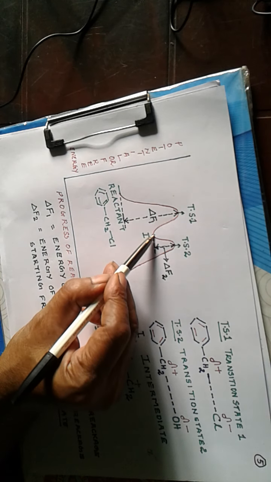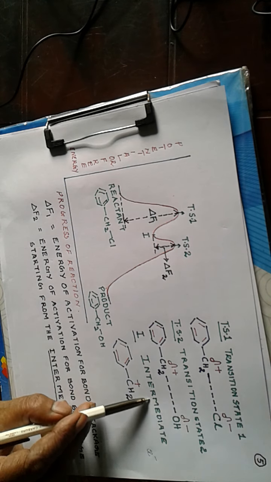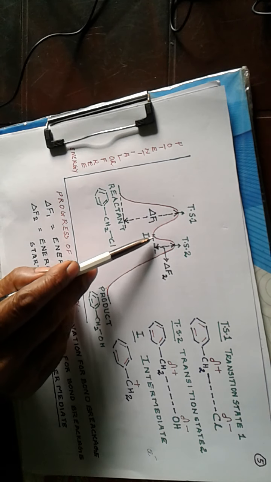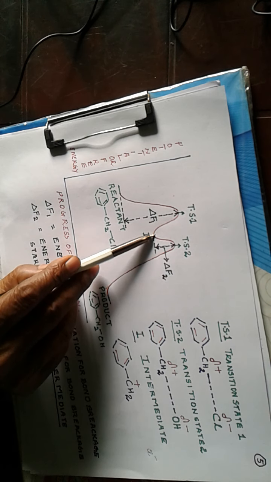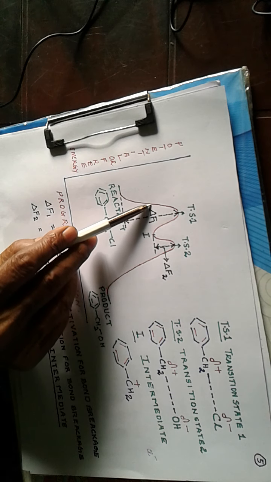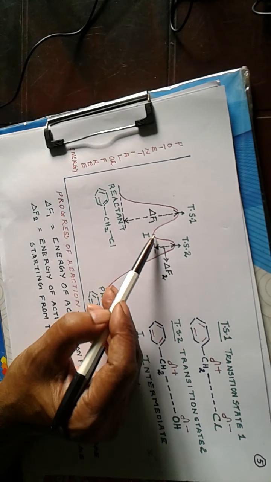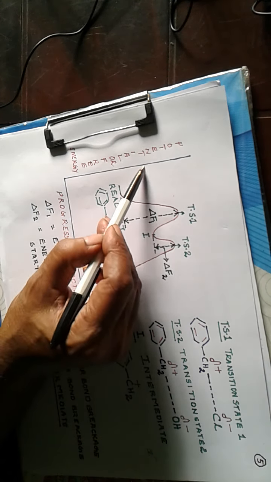So at this point we mark it as I, and that denotes an intermediate. An intermediate is a species having sufficient stability, but still it is unstable because its potential energy is high. So it is more stable than a transition state because its potential energy is lower than that of the transition state. So an intermediate is a somewhat stable species formed during a reaction.